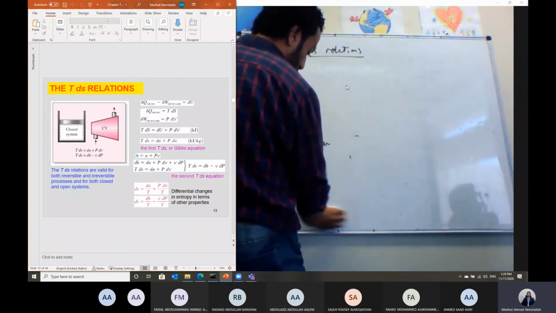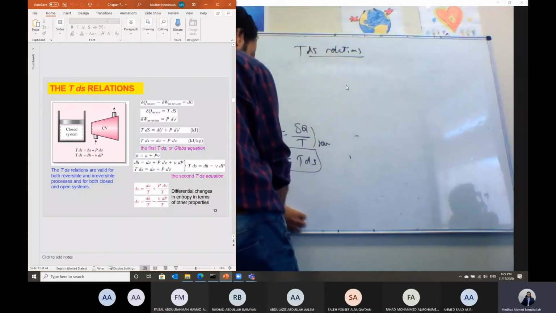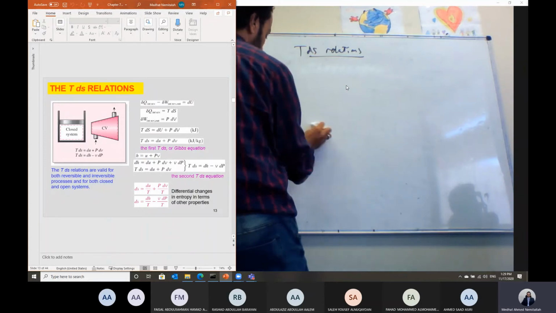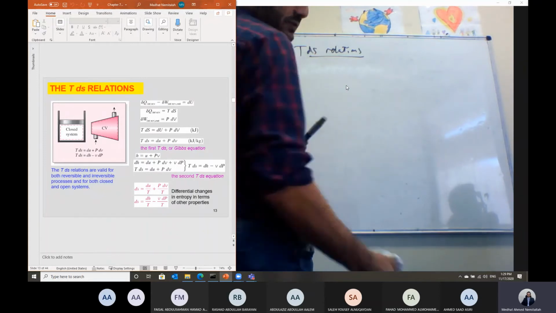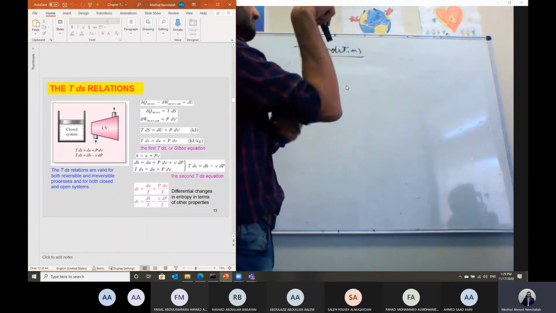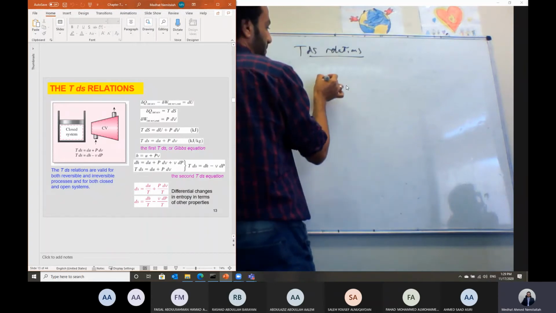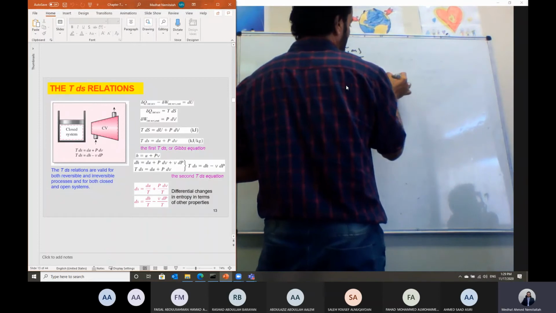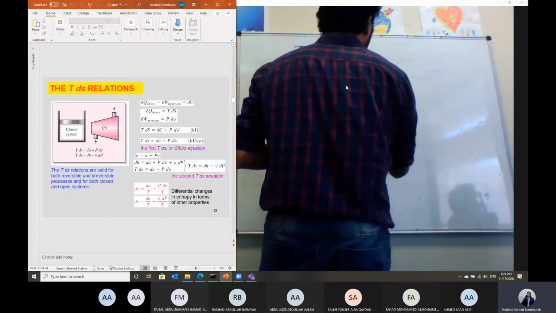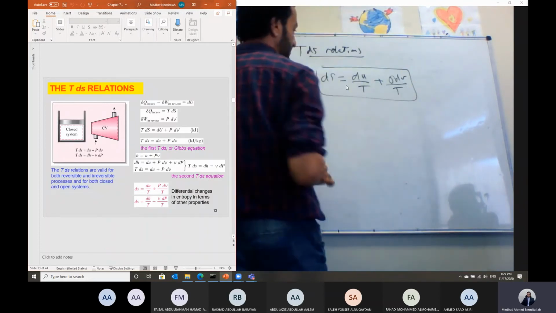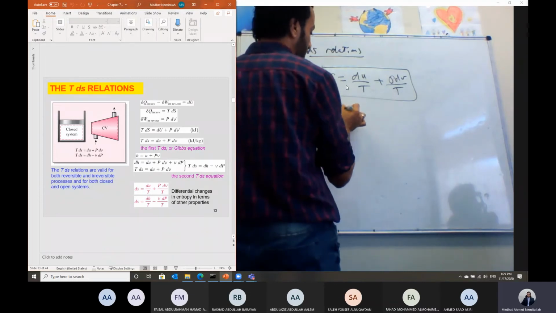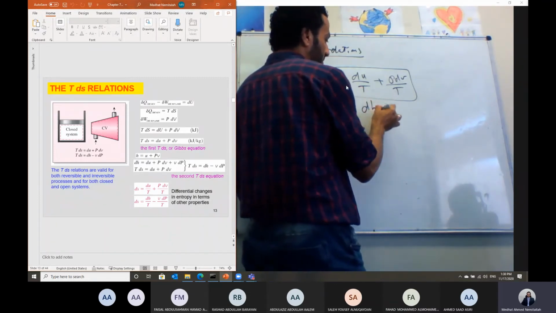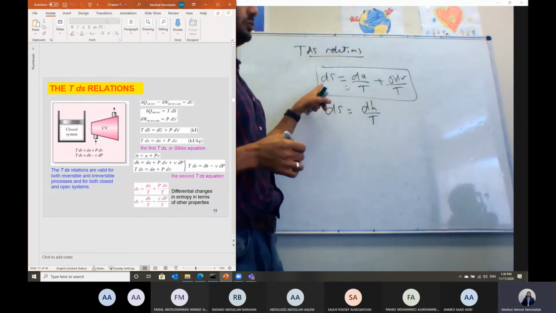Those are in differential form. Then, to calculate delta S, we have to do the integration. Okay. So the two T dS relations that we have developed: the first equation, dS will equal dU over T plus P dV over temperature, and this is the first relation to calculate delta S. The second relation, as a function of the enthalpy, is dS equal to dH over T minus V dP divided by the temperature.